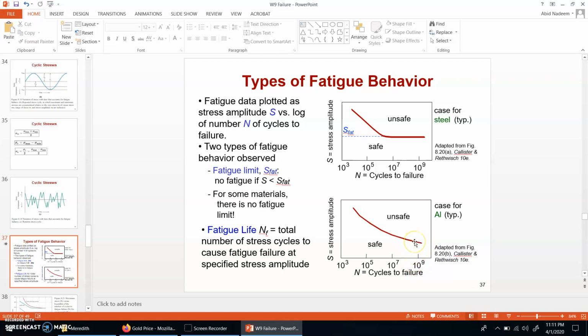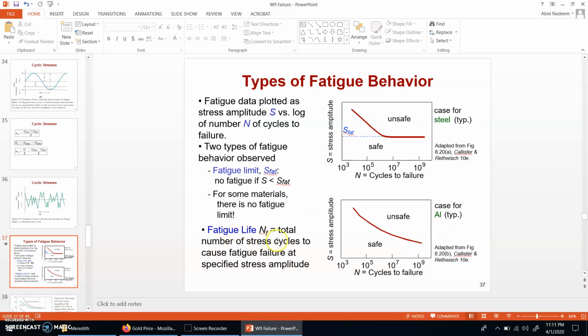Although the number of cycles needed will be much higher, the failure will in any case take place. This occurs in the case of aluminium.